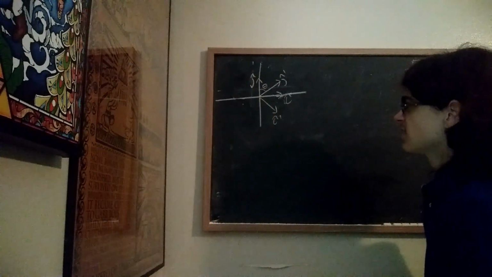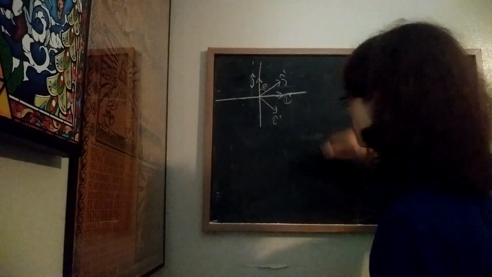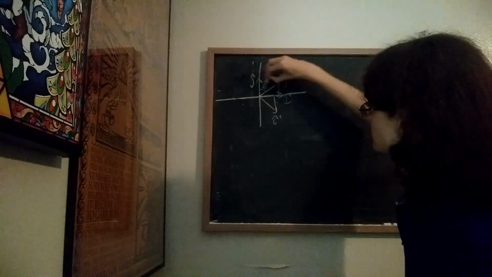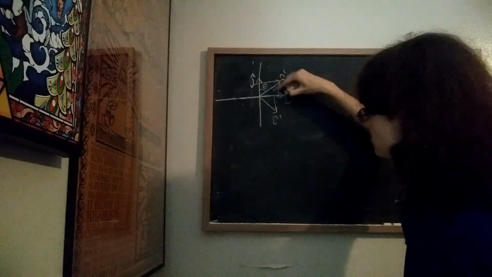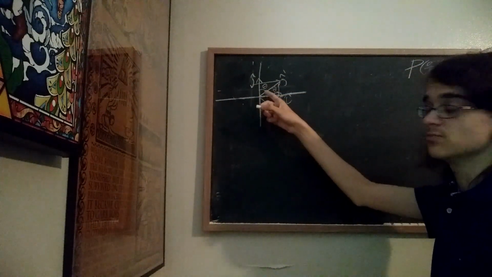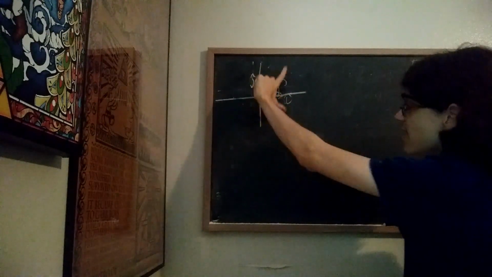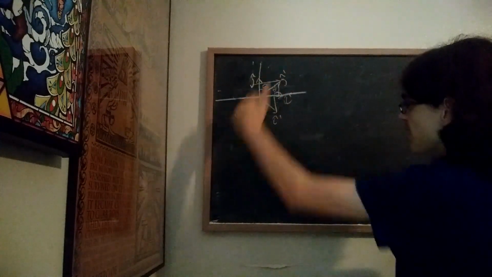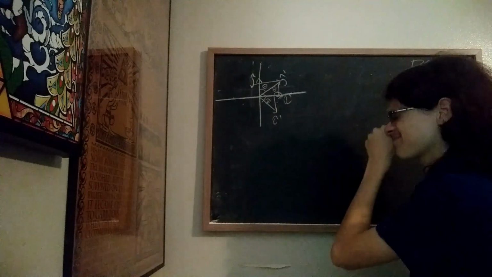To find the new coordinates of these, we're going to have to bring down a perpendicular. Because there's a parallel line here, this angle is also theta. This is a right angle, and so this angle is pi over 2 minus theta, and i hat and j hat remain right angles to each other because they're both being rotated by theta. So this angle is also theta.